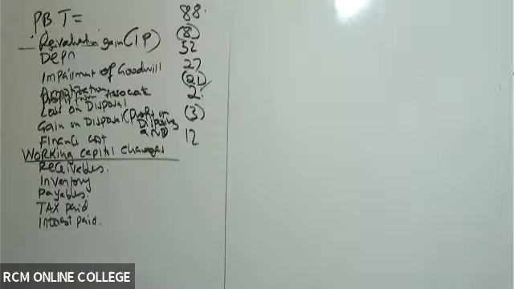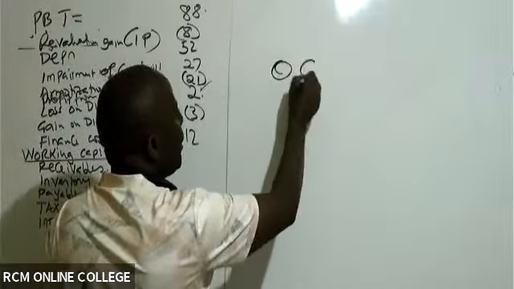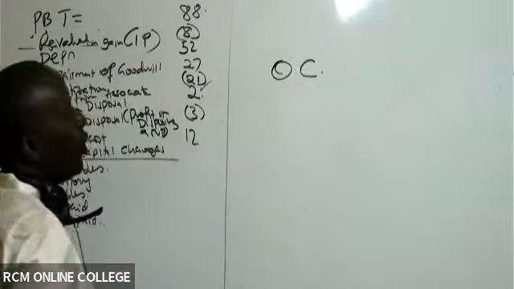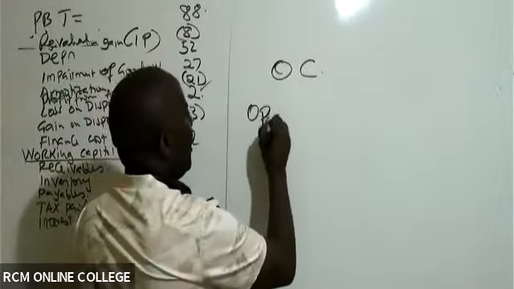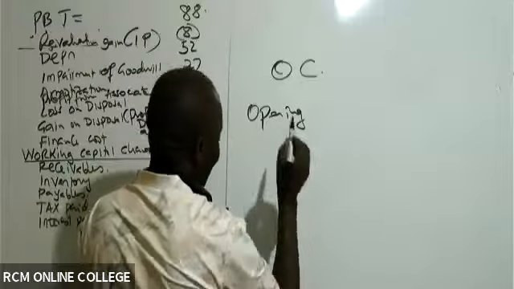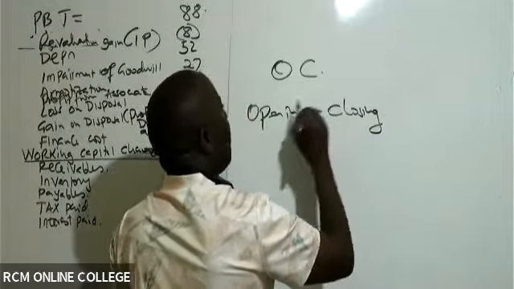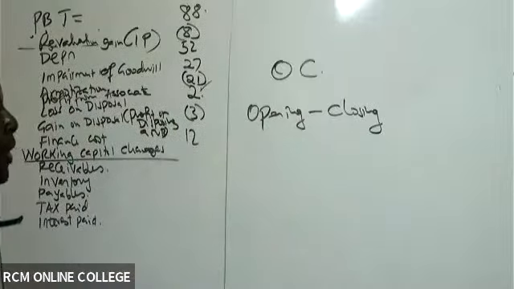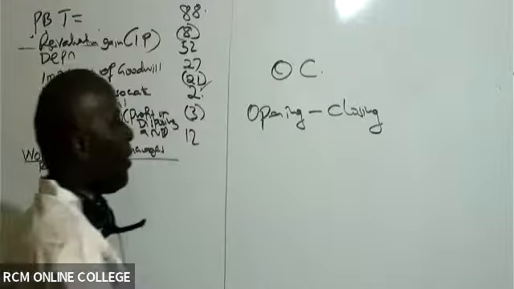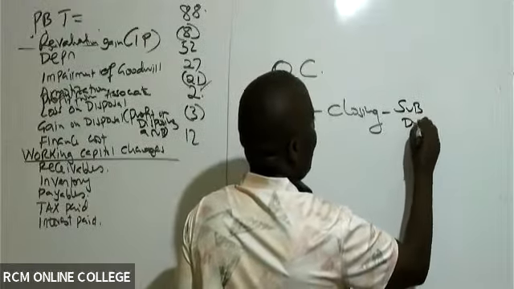Under working capital changes, we normally use the acronym OC. It is opening minus closing. Anytime you have working capital changes, opening minus closing, minus subsidiary disposed.